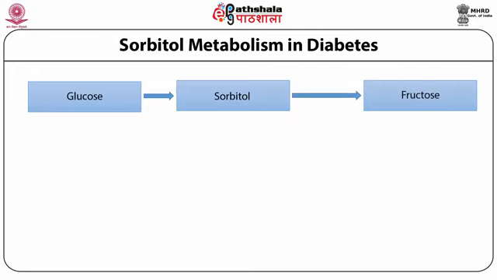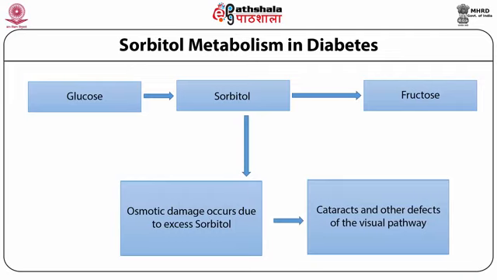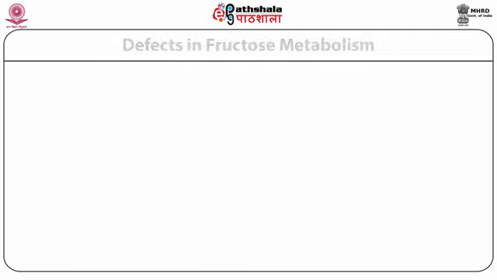It is thought that the elevated sorbitol concentration causes an increase in osmotic pressure, which might be a causative factor in the development of lens cataract and the neural dysfunction that occurs in diabetes.